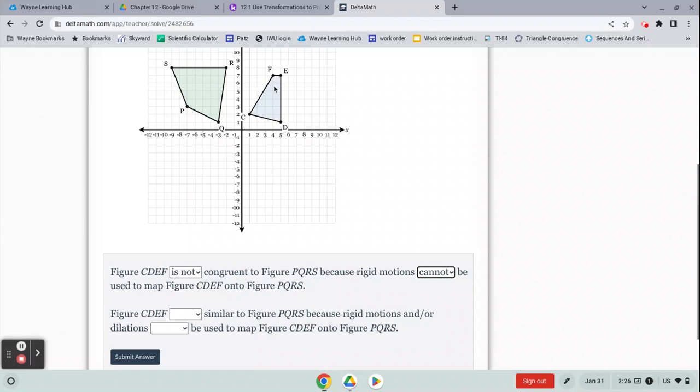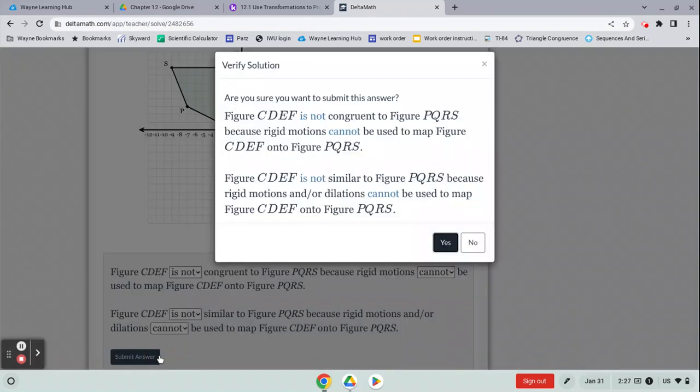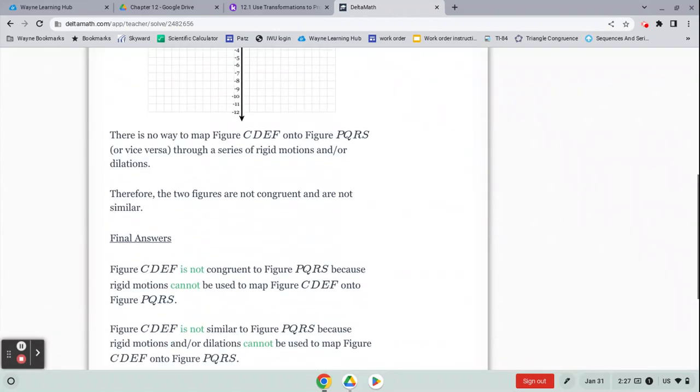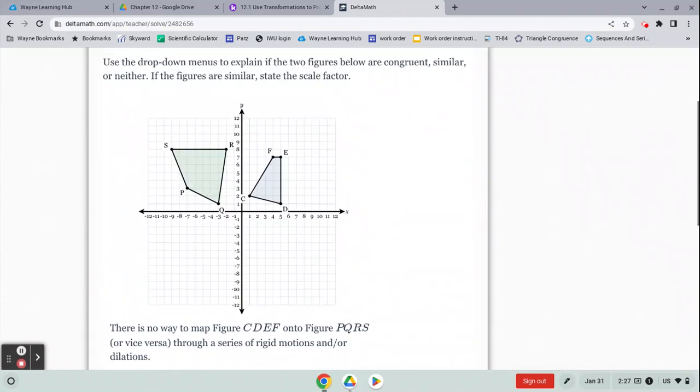EF here is 1, but there's no other part that's flat like that. Anyway, these are not similar because they cannot be mapped using dilations. There's no way to get between them.